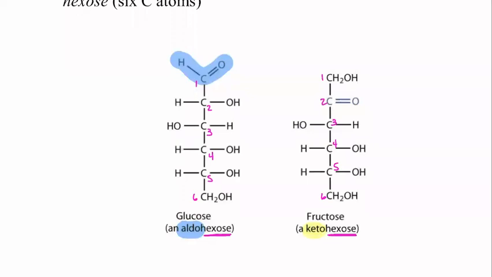It's because there's a ketone in the structure. So if we have to put the combo classification, meaning the functionality in terms of the carbonyl and the number of carbons, we don't write ketose hexose, we just put keto. We don't write aldose hexose, we just put aldo.